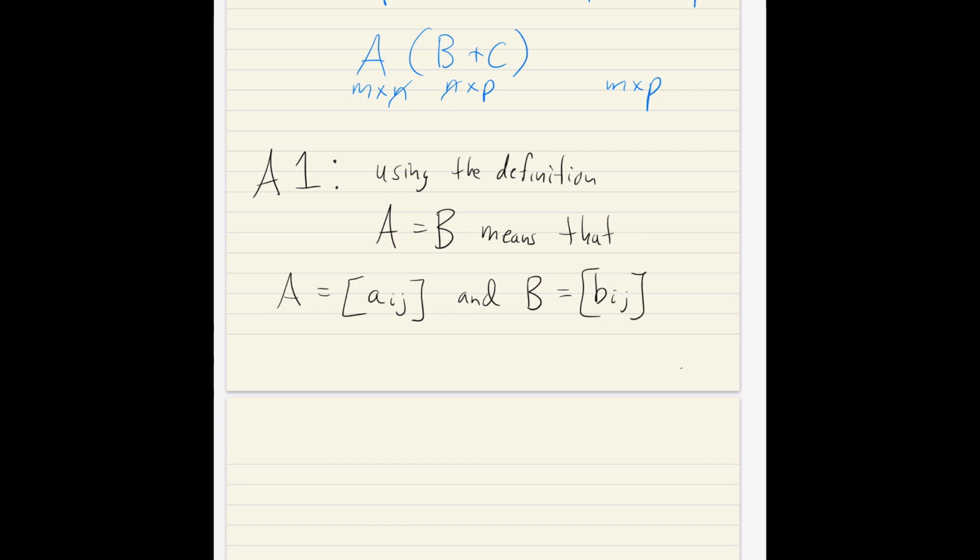Then Aij equals Bij is true for i between 1 and m, if it's an m by n matrix, and for j between 1 and n.